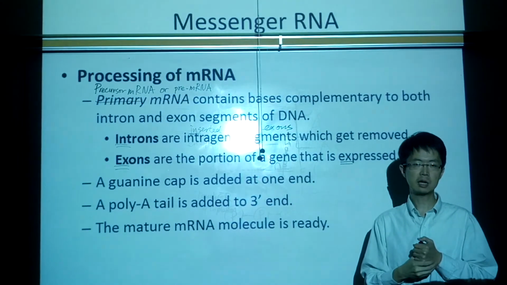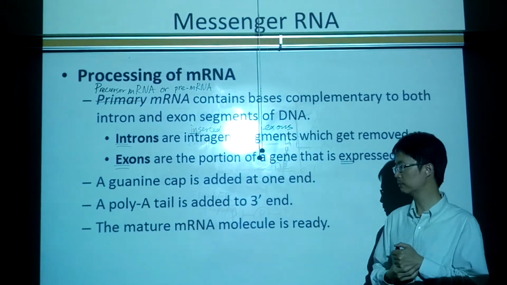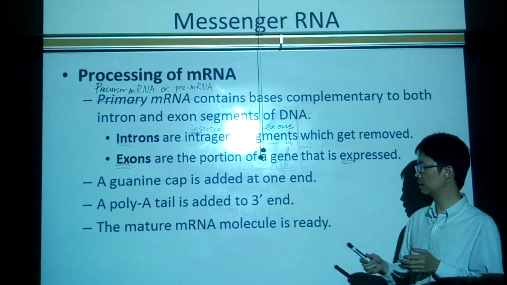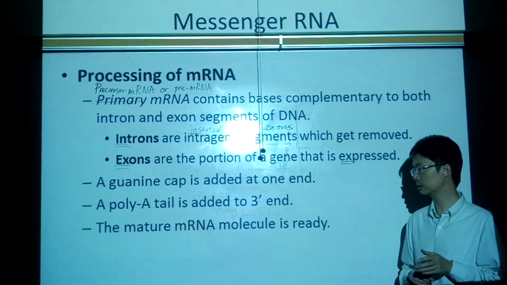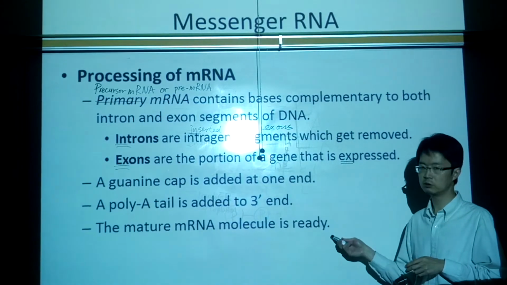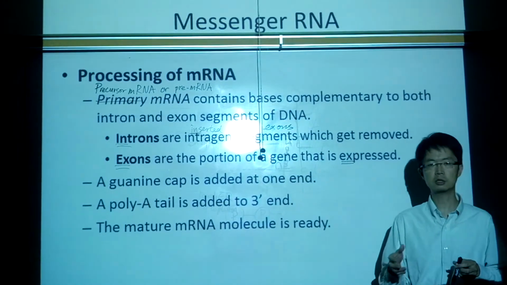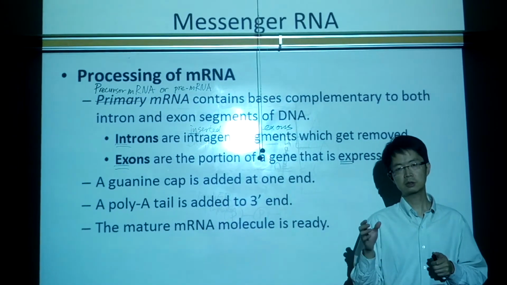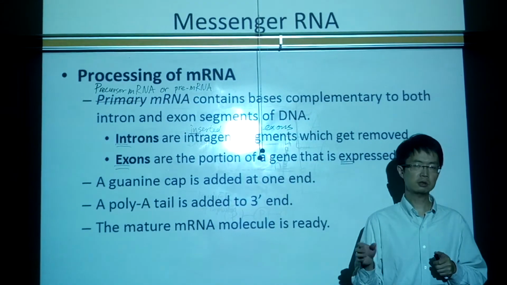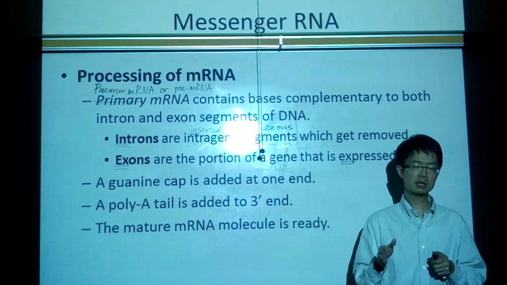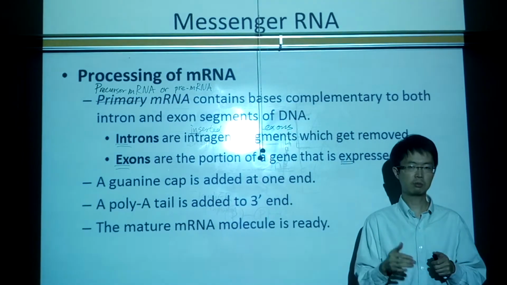Some people call it the mature messenger RNA. It is ready to move from the nucleus to outside. When you go through the nuclear membrane, you have to go through the nuclear pore.